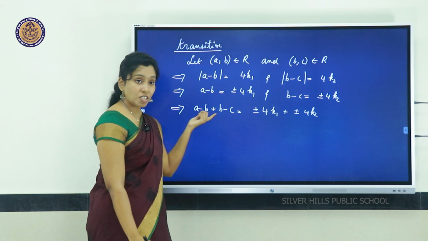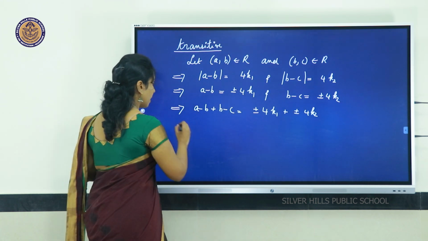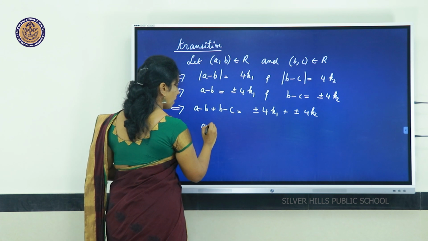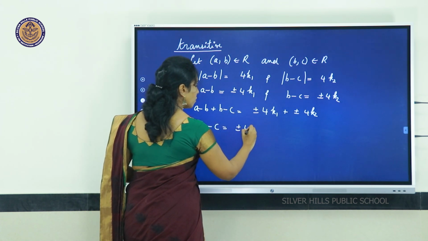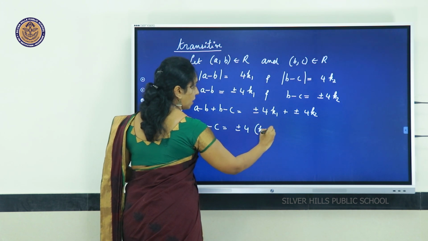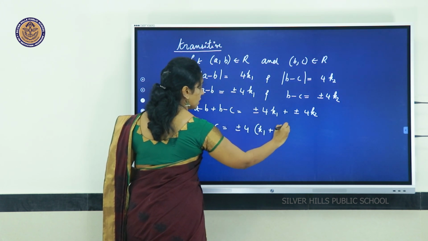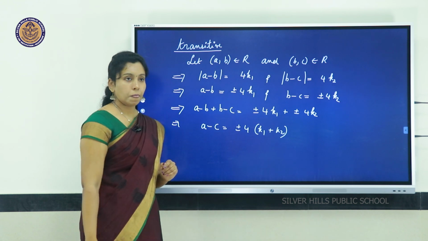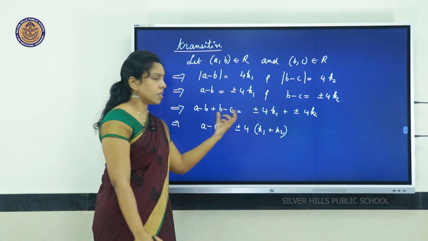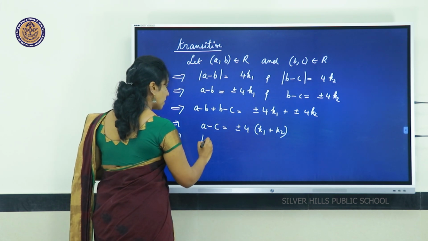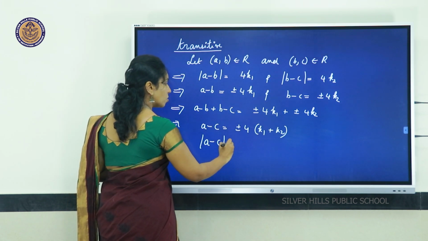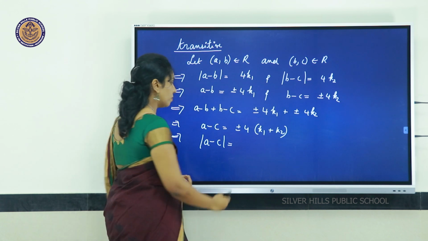Now, minus B and B get cancelled and I get A minus C. A minus C is equal to plus or minus 4, if I take the bracket, (k1 plus k2) comes inside the bracket. That means A minus C is a multiple of 4, which I can write as mod A minus C is also a multiple of 4.